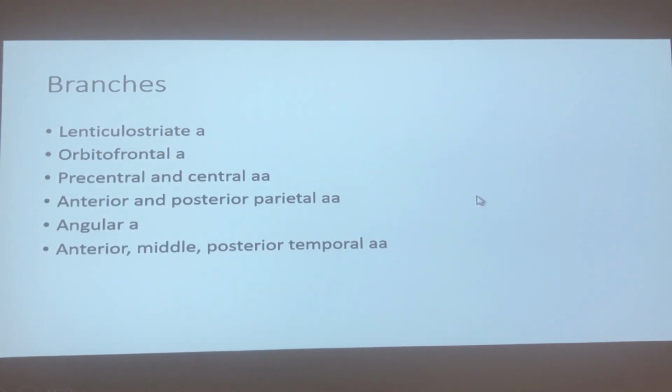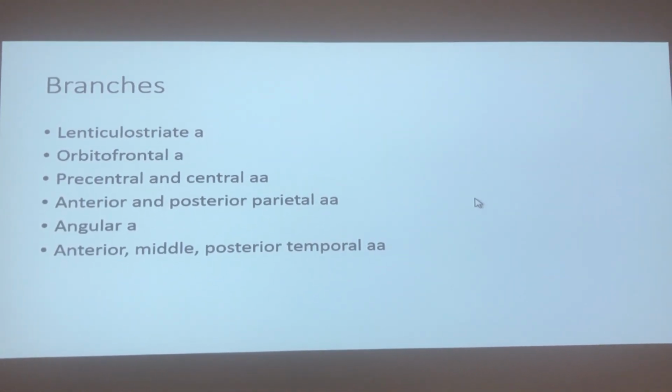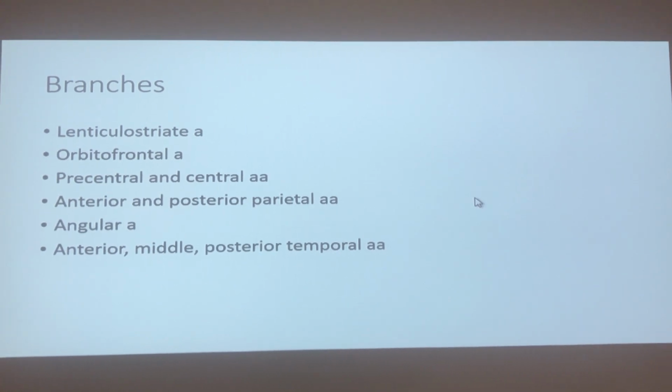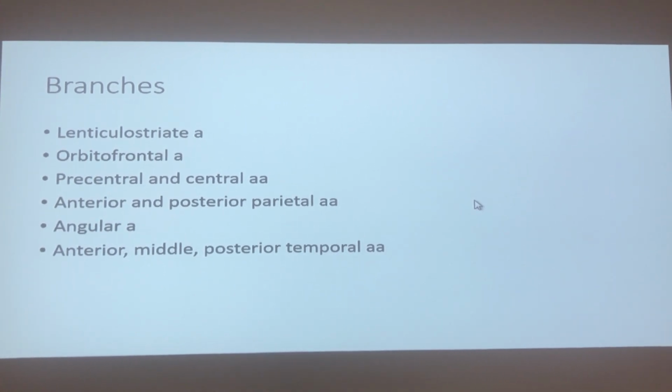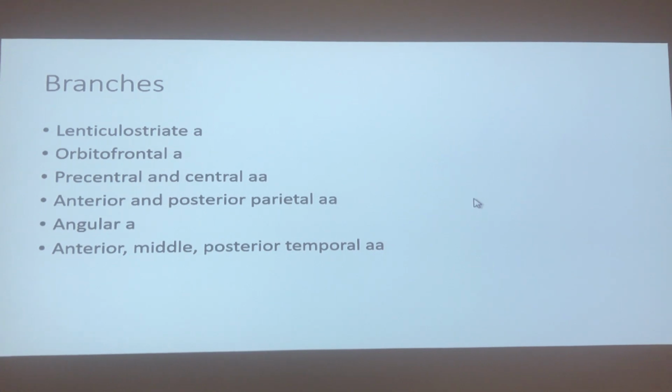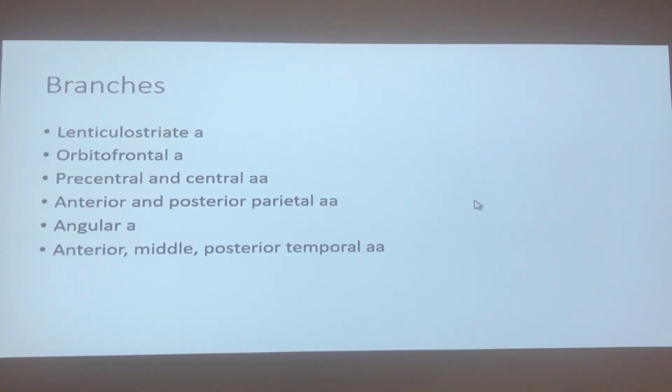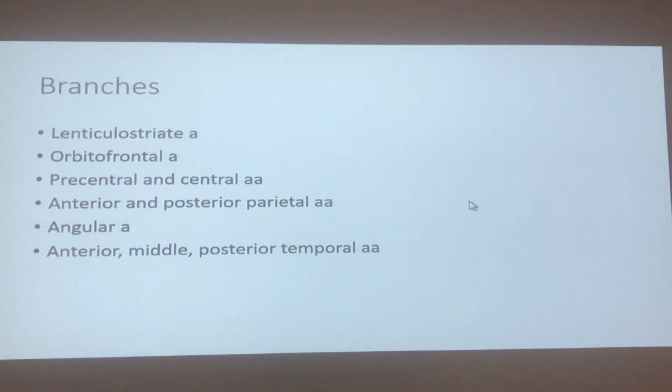What are its branches? The middle cerebral artery has many branches. The lenticulostriate, which affects the putamen, the caudate nucleus, and the anterior limb of the internal capsule. The orbital frontal branch affects parts of the frontal lobe, while the precentral and central branches also affect the frontal lobe.